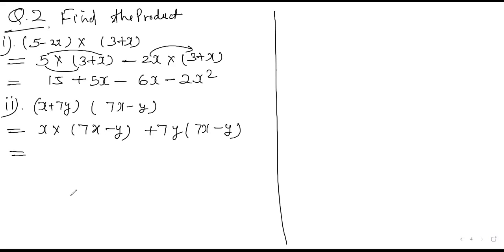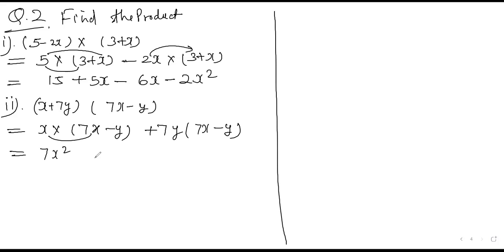Okay, now look, I'm making the multiplication directly. x multiplied with 7x gives you 7x square. Because in the first question I have described all the steps, in this one I'm not writing the steps which included x into 7x and x into minus y.